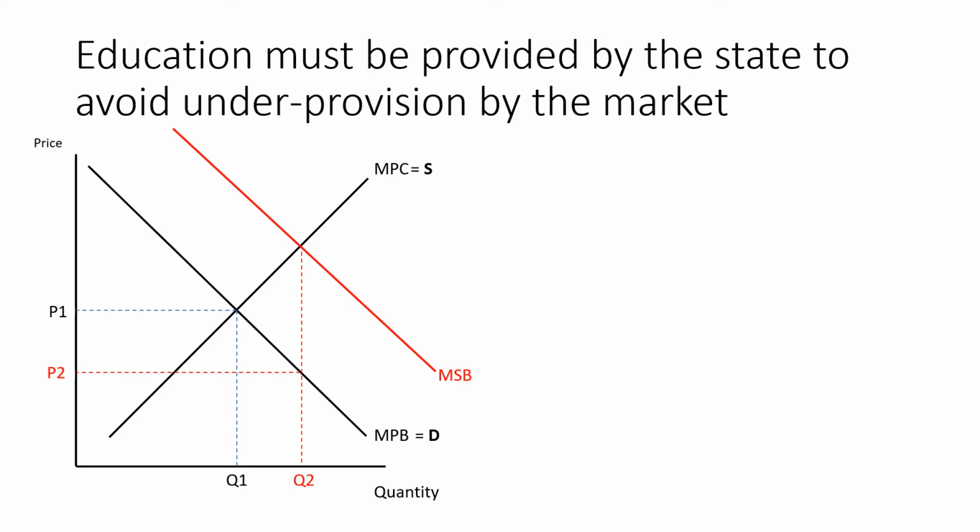So again, what I'm trying to communicate here is that from a Keynesian perspective, Keynesians would argue it's absolutely essential that governments get involved in providing education, because if it's just left to the free market, there will be a market failure characterized by undersupply and overpricing. So to correct that market failure, the government must intervene in this market for education, and the intervention would take the form of compulsory provision, compulsory consumption of education by the state.